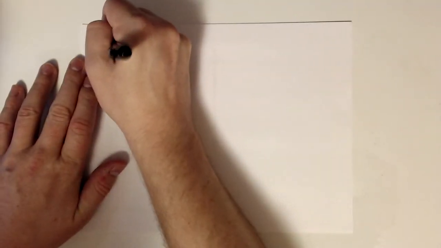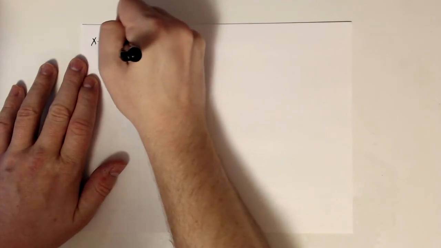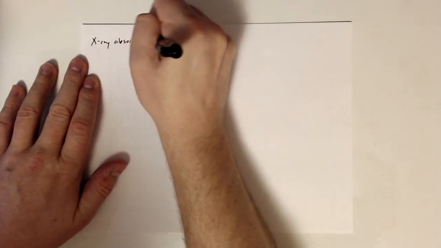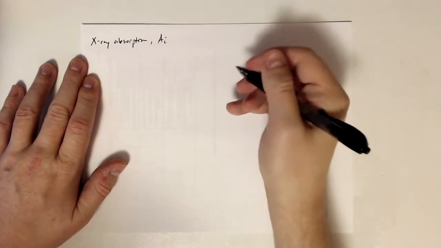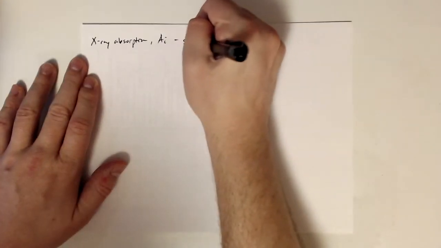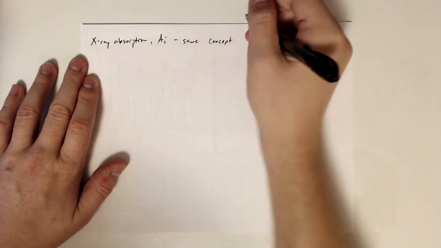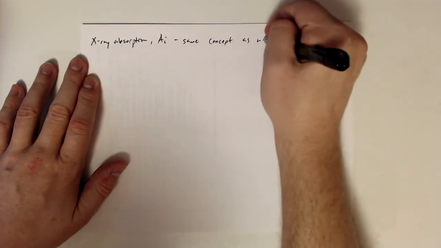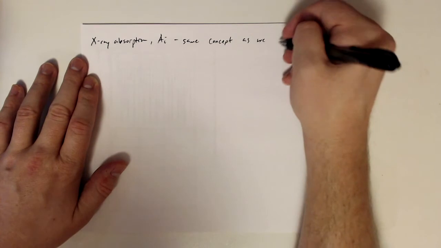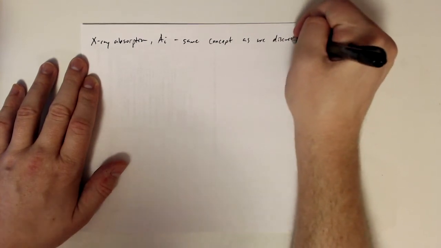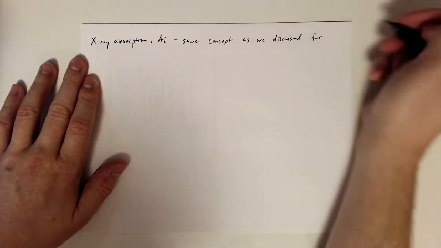Let's go to A. So again, A is absorption, A of I. And this is the same concept as we previously discussed for filtering.